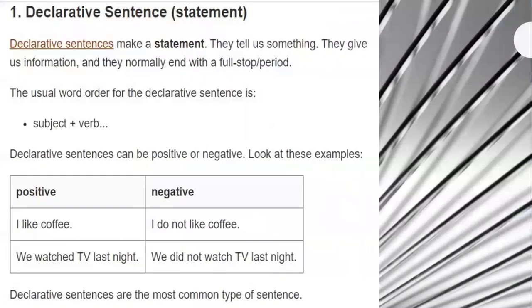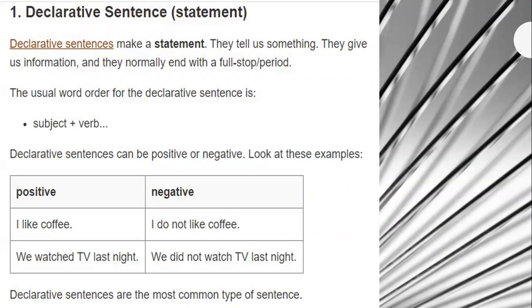Okay, so declarative sentence, we're going to dive in a little more. So declarative sentence makes a statement. So they tell us something, they give us information. They normally end with a full stop period. Most of the time, your biggest sentence structure comes from declarative sentences. I like coffee. I do not like coffee. No, I love coffee. We watched TV last night.